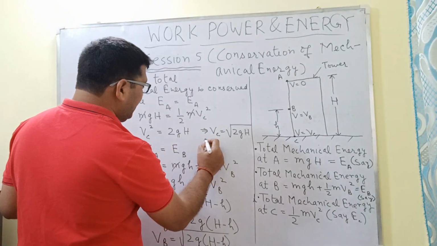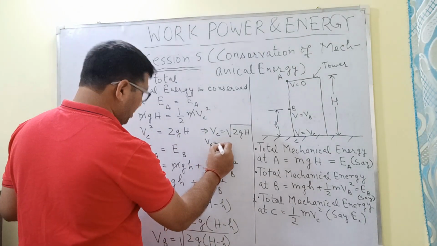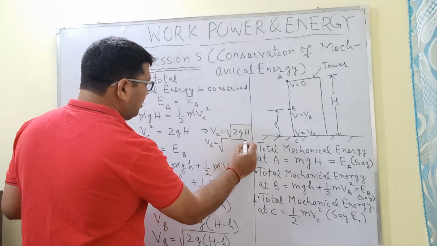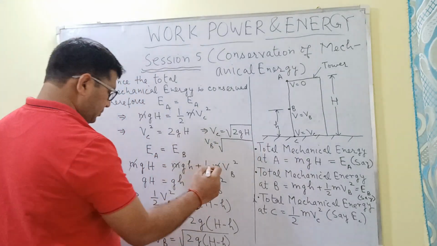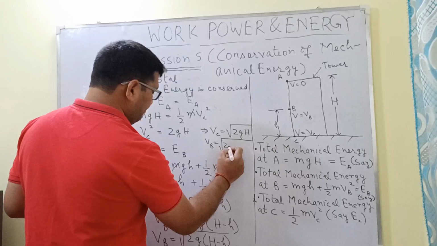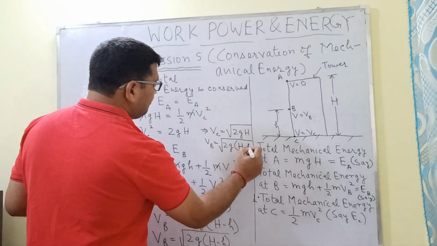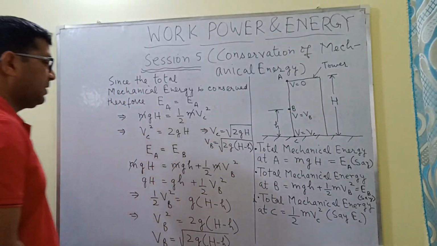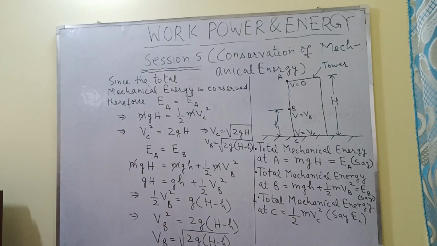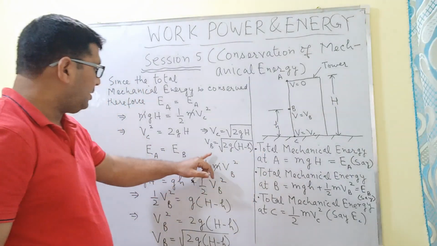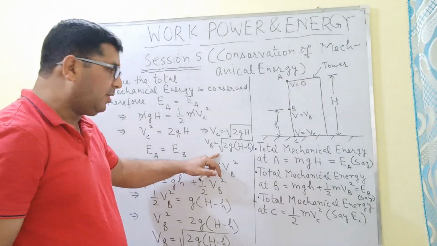So I will be writing it here as vb is equal to under root 2g(H minus h). Okay, so this is the second equation which I have got.